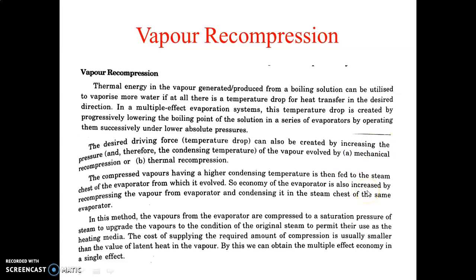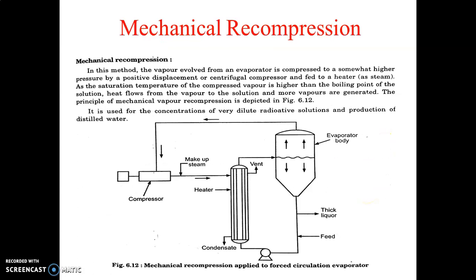Here we will discuss mechanical recompression first. In this method, this is your evaporator. You feed the material as it is, then you add the steam as it is, and heating takes place here. When the vapor is removed from this evaporator, it is not thrown into the atmosphere.